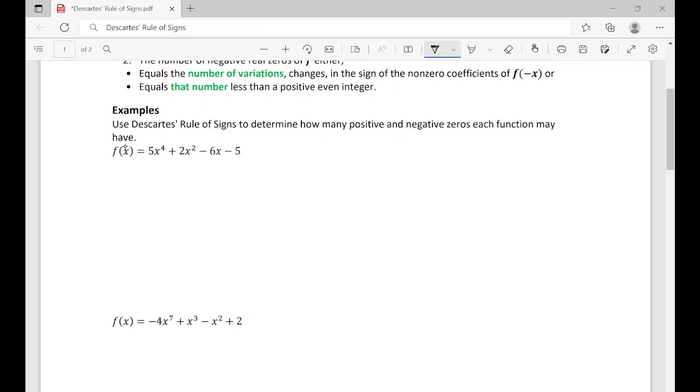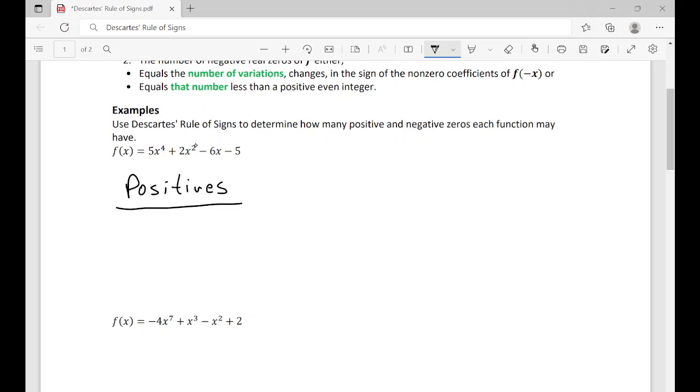So we're going to take our function f of x equals 5x to the fourth plus 2x squared minus 6x minus 5. And first we're going to find the number of positive zeros. So we're going to start here at 5, which is positive, go to the next, which is 2, which is positive, go to the next, which is 6, which is negative, then go to the next, which is 5, which is negative. So positive, positive, negative, negative.